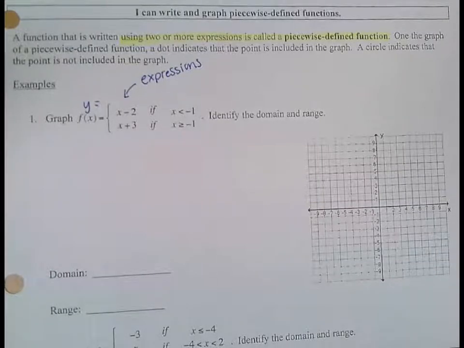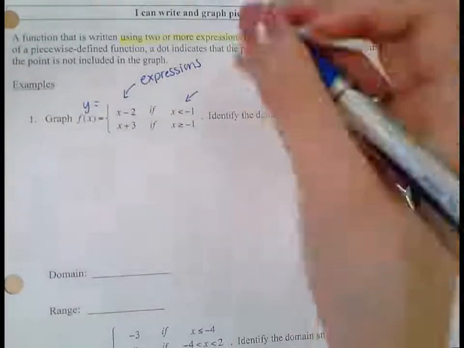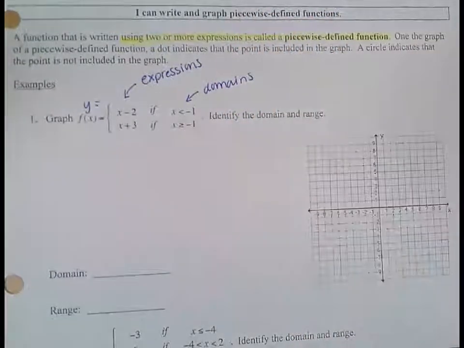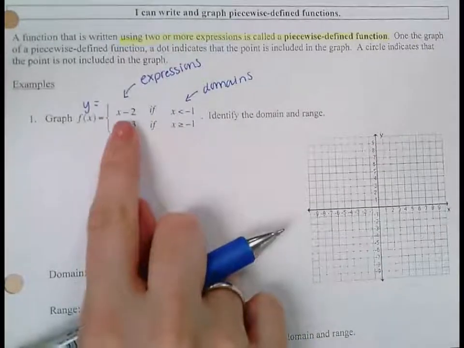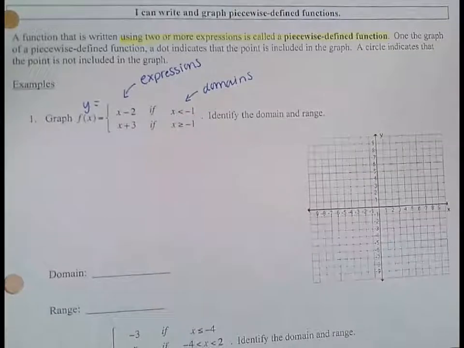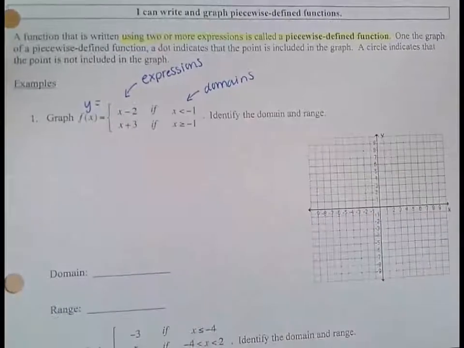So it's really two separate equations. It's y equals x minus 2 and y equals x plus 3. And then in the second column, these are the domains for each expression. So the expression x minus 2 is only defined on the domain if x is less than -1, and then x plus 3 has a separate domain.